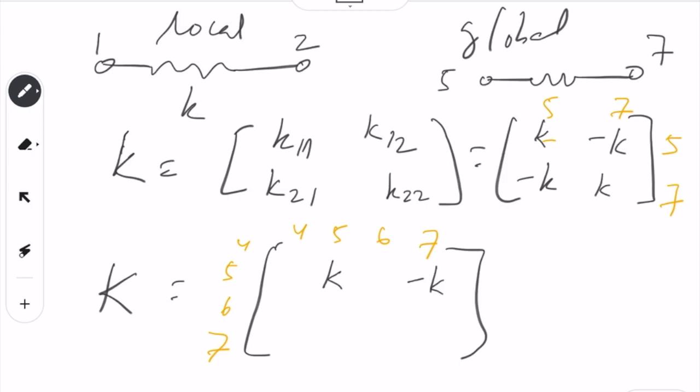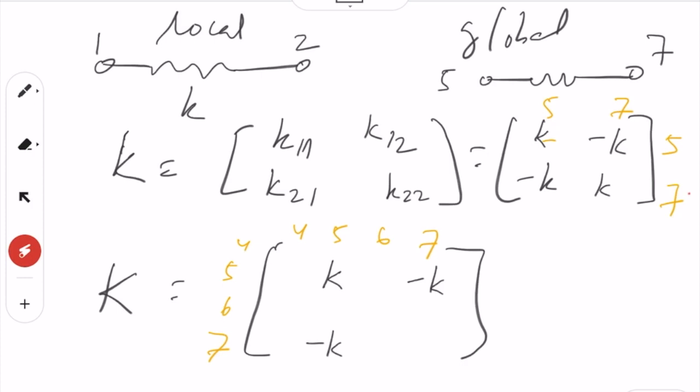K75 is this, that is minus K. So, we write minus K here, where 7 and 5 same as this 7 and 5, right. And then you have 7 7.